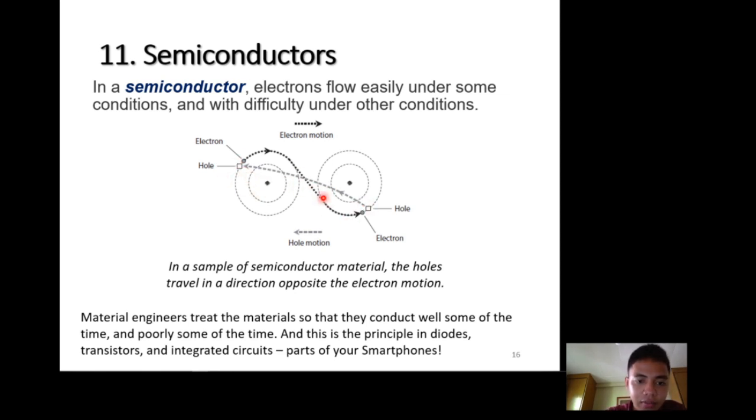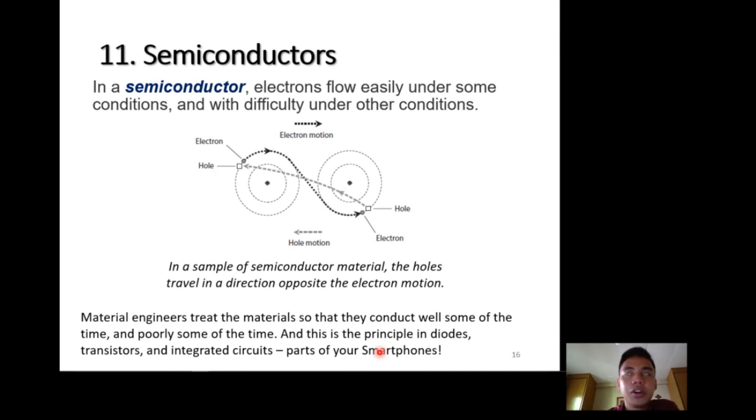But we just think of the electron motion. Materials engineers treat the materials so that they conduct well some of the time and poorly some of the time, and this is the principle of diodes, transistors, and integrated circuits. So of course it's part of our smartphones and computers.